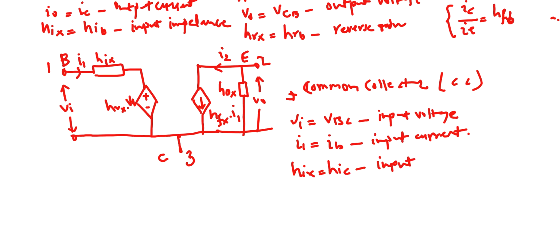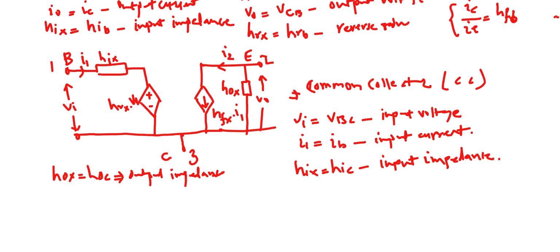Then you have, let me write here, HOX. It is HOC. This is your output impedance or admittance. Just take a reciprocal of the admittance. It is actually output admittance. Take a reciprocal of it, becomes impedance.